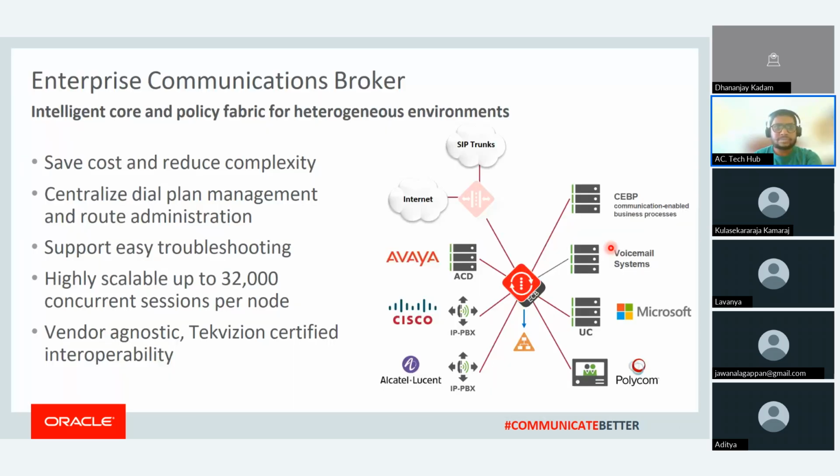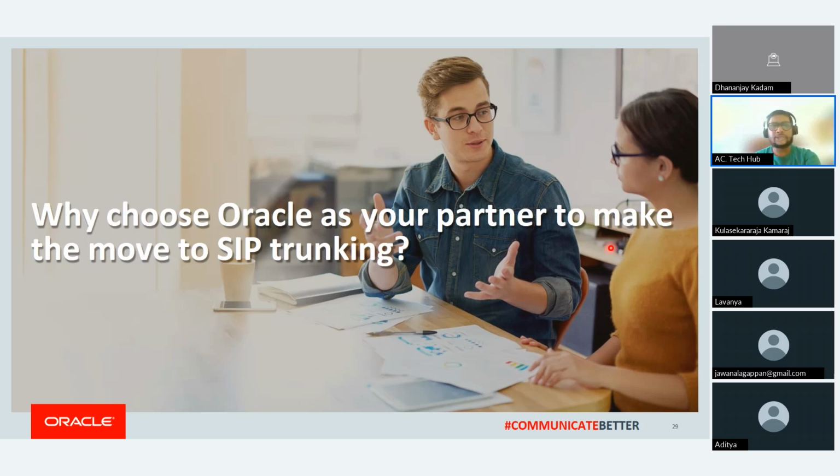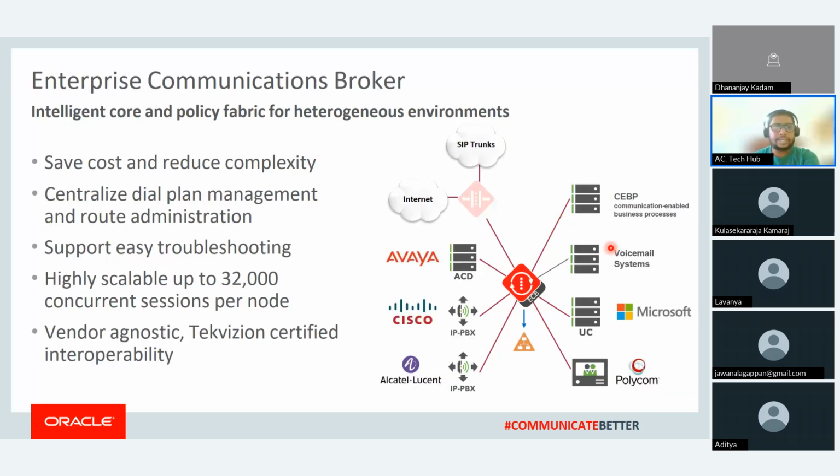So now the big question is why we should choose Oracle SBC as a SIP trunk provider. These are a few reasons. You can save your cost, and you will reduce the complexity if you are buying this solution as a whole.